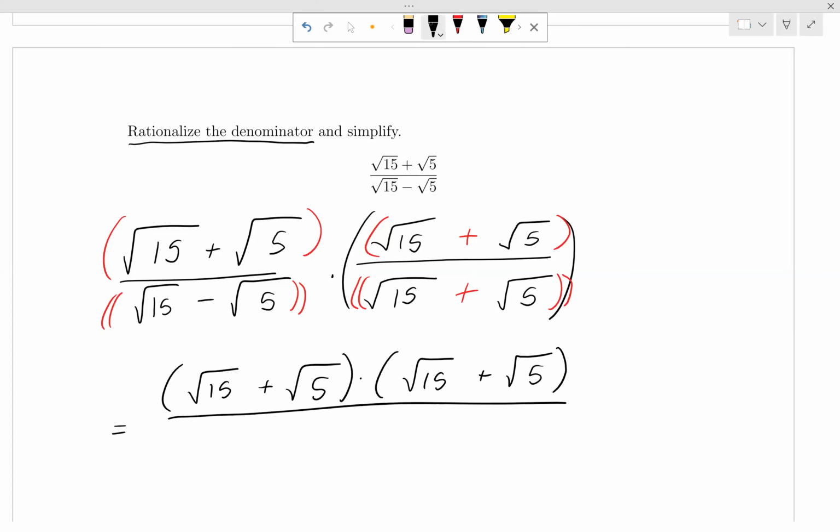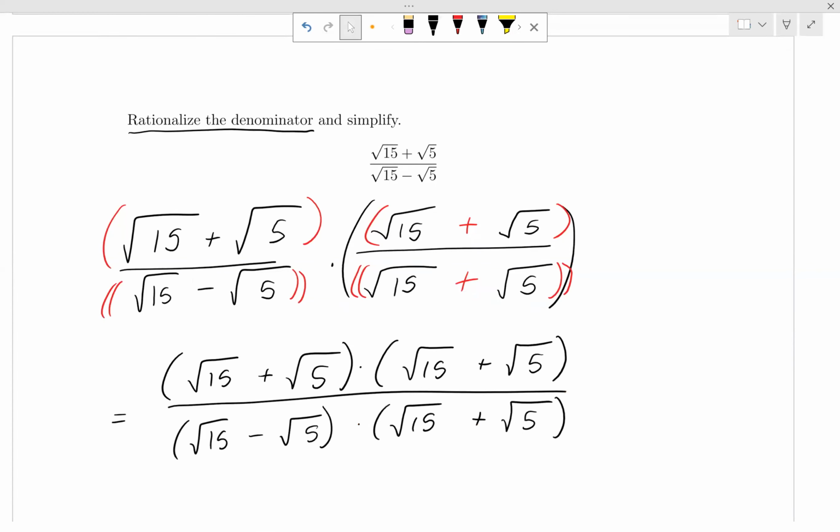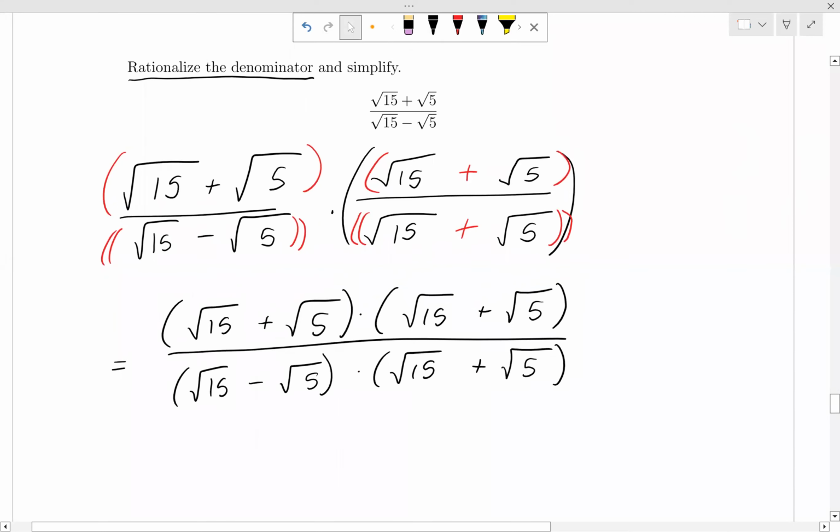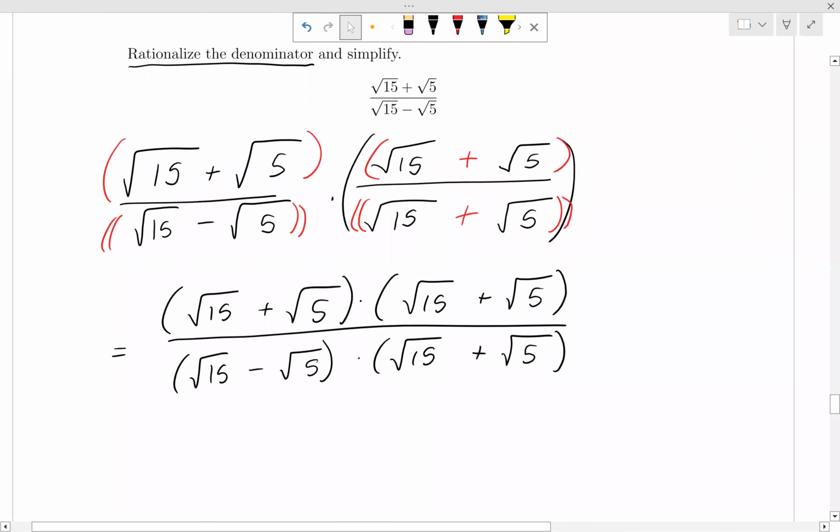All of that over square root of 15 minus square root of 5 times square root of 15 plus square root of 5. All right. Then from here, what I'm going to do is I'm going to multiply out all of these things and see what might cancel, what might not cancel, and see what happens.